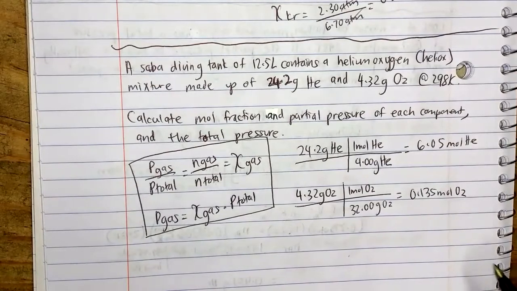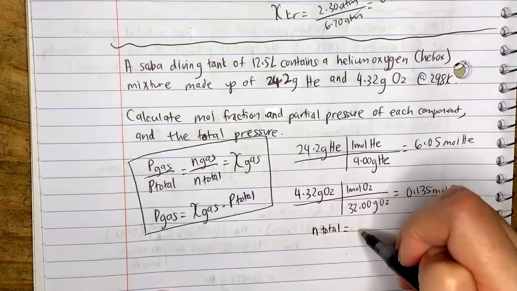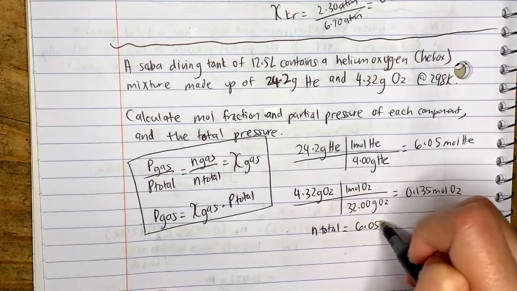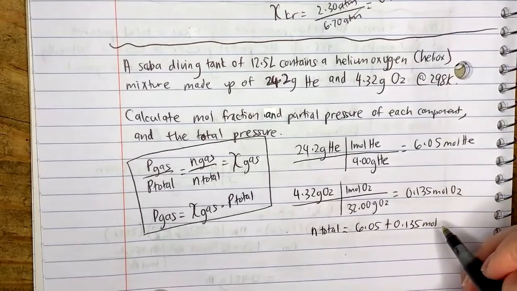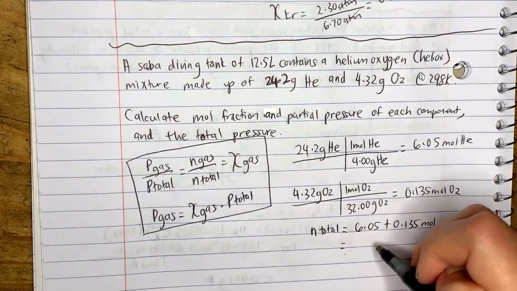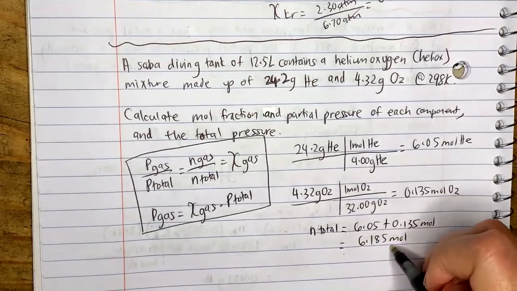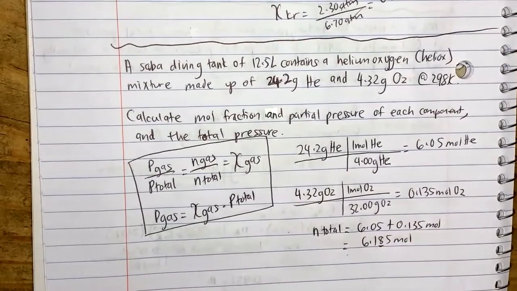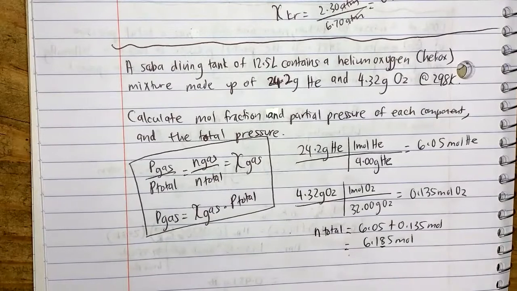So we can get total moles here. N total equals 6.05 plus 0.135 moles, and the total moles of gas would be 6.185 moles. Although technically you only keep 2 decimal places, I still write everything out for now, okay? So that's the total moles.